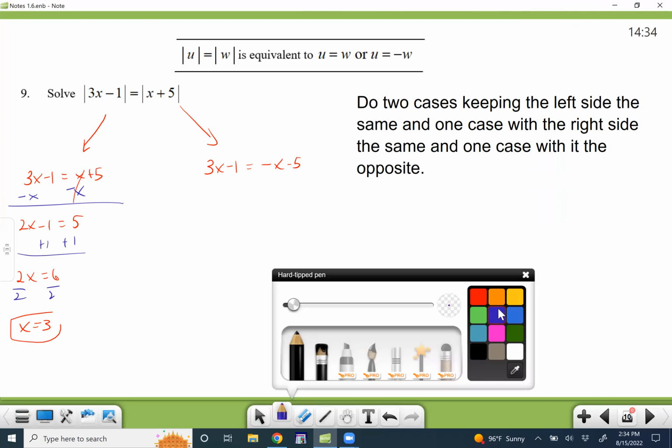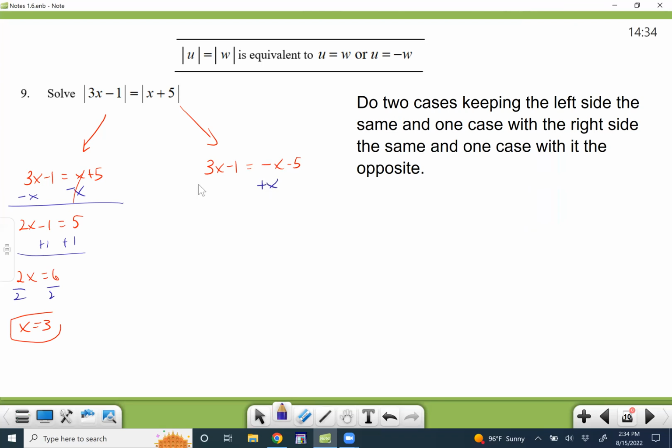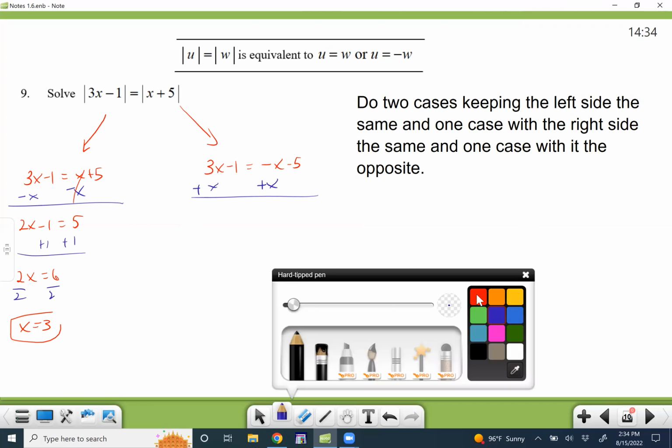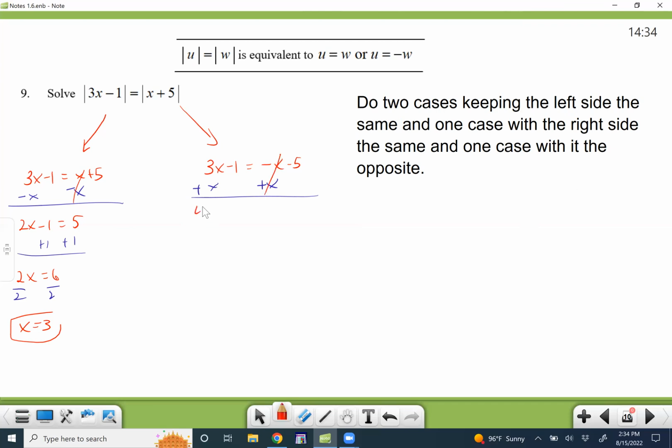Variables on both sides, move the smaller. So I'm going to move the negative 1x, smaller than 3x. So we get 4x, take away 1 equals negative 5. This one, this one. Divide by 4.